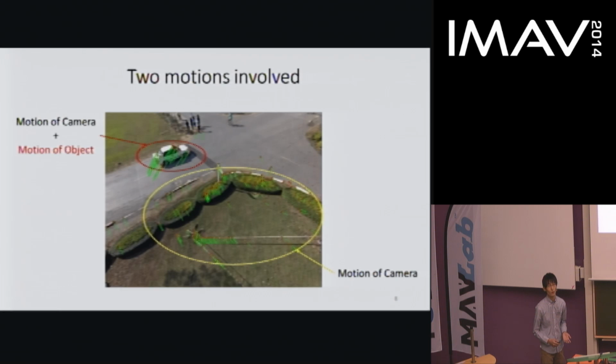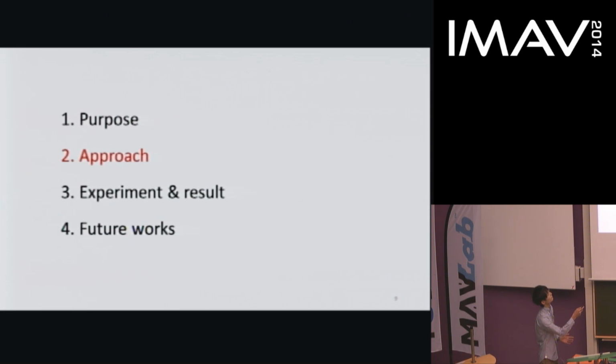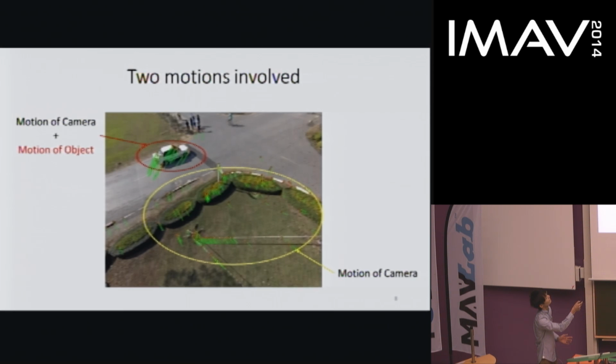However, there is a problem to be solved for moving object detection from a MAV. This picture is a real image which was taken from our MAV. These green lines show the motions of each object in this image.